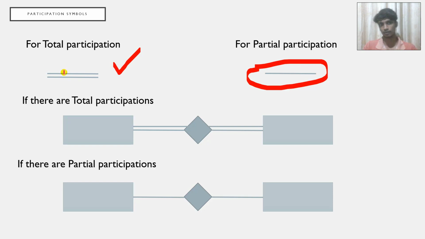That is how participation is represented in an ER diagram. So if a relationship's entity has total participation, there will be two lines like this. And if it is partial participation, there will be only one line.